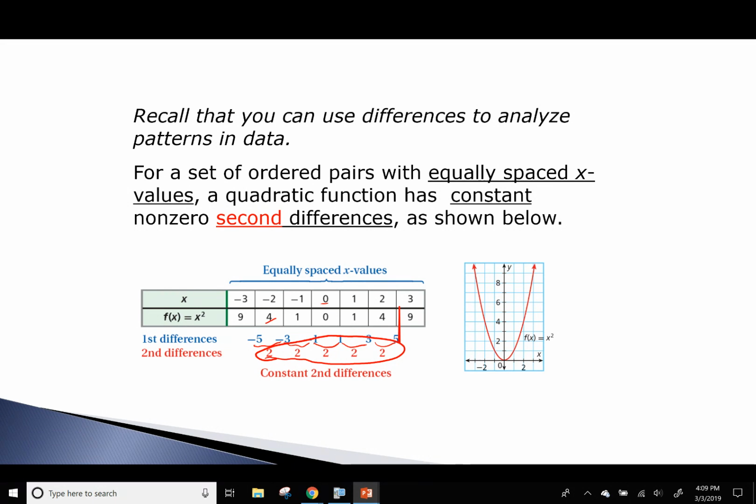But if you can find signs like this to help you understand what type of regression you're seeing, then you know how to go about using your calculator. Because in your calculator, you're going to have to choose whether you want an equation that's linear, quadratic, exponential, etc. So if you look at your data, you can make some determination as to whether it's quadratic or not. And if you notice this pattern, you'll know your regression is quadratic.